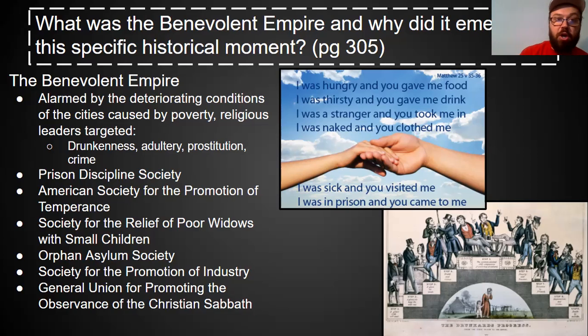So none of the things that are going to go on during this whole Benevolent Empire are like, maybe we should pay people more money, or maybe we should make working conditions safer in factories, et cetera, et cetera. There's nothing about changing the system that was hurting people or putting people in these bad positions. It was still under this assumption of, if you are poor, it's probably something that you've done wrong.